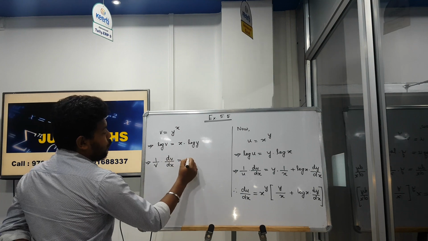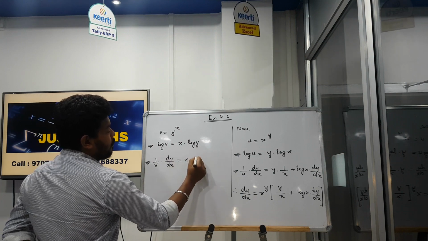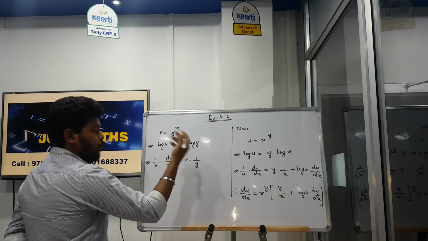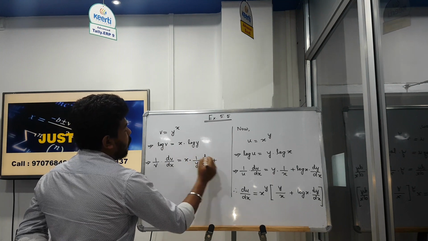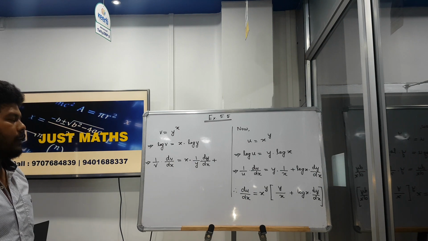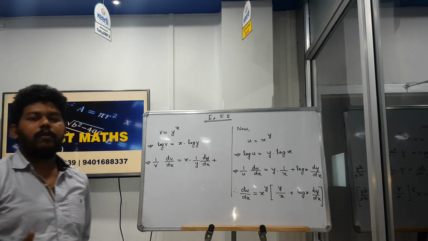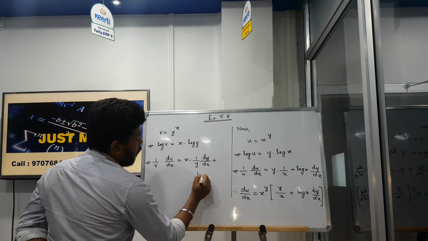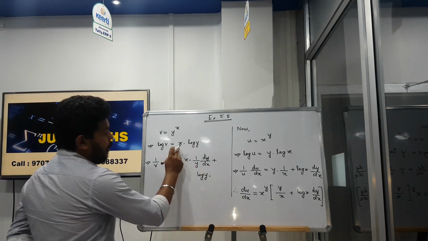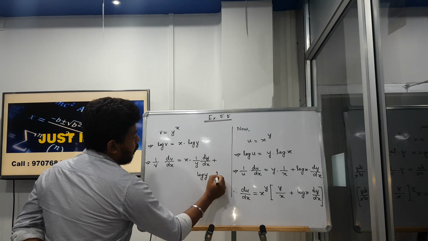X is as it is. For log y derivative is 1 by y. For y we have to write dy by dx. Whenever we differentiate a second variable with respect to a first variable, we must mention it. Now log y into, for x derivative is 1.